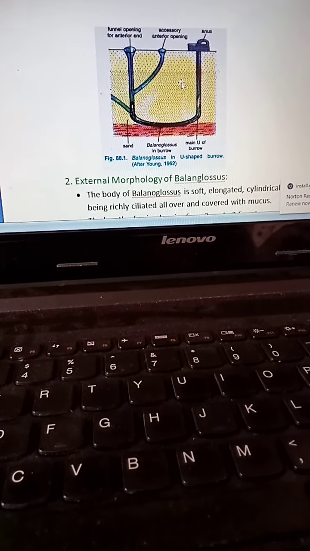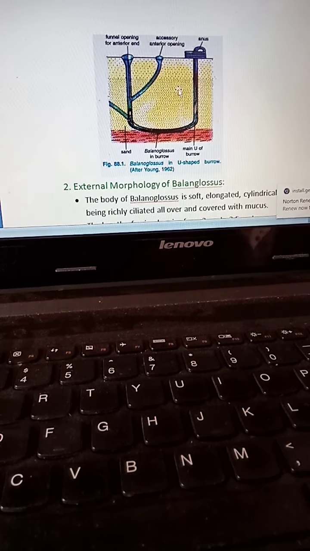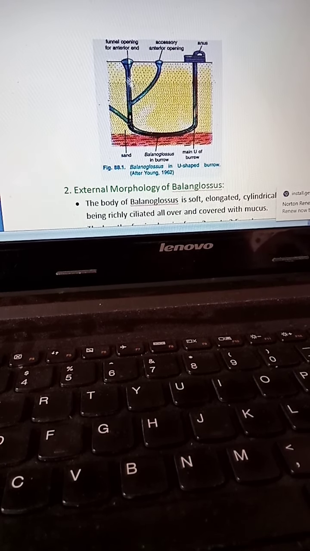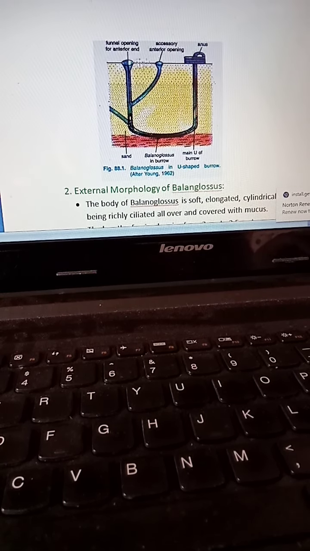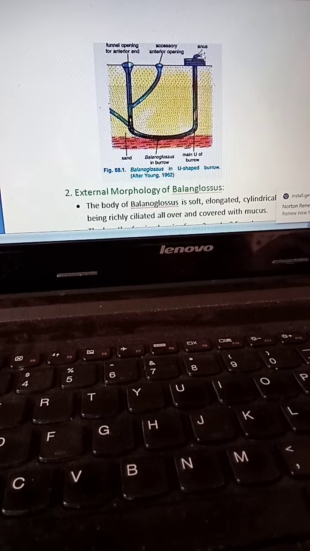This is the structure of Balanoglossus present in a U-shaped burrow. You can see the picture here: the funnel opening at the anterior end, the accessory anterior opening, and this is the anus.